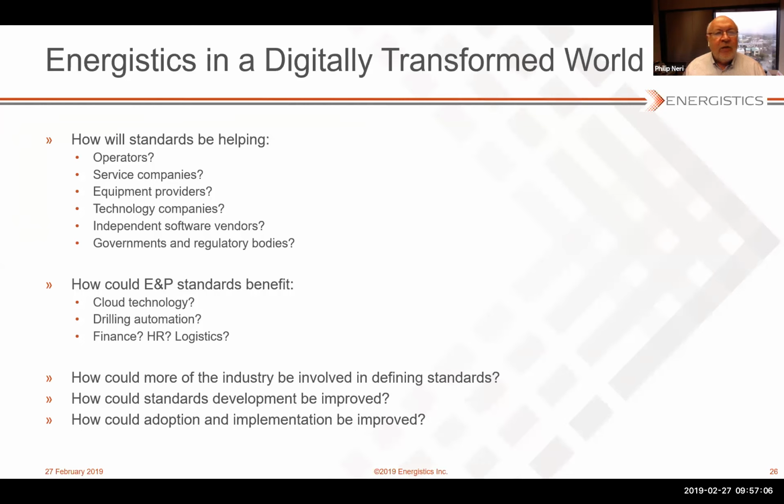The more standardized the environment is, the easier it is for a small company to introduce innovation and leverage it across the whole spectrum of customers and partners. So innovation is very much a relevant topic around standards.